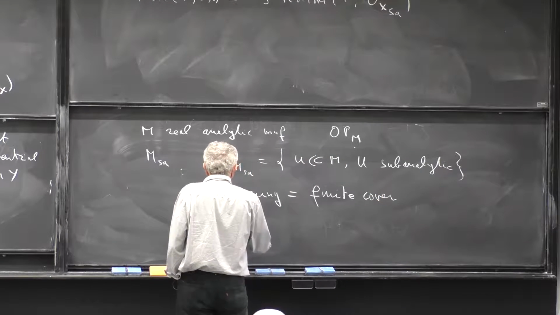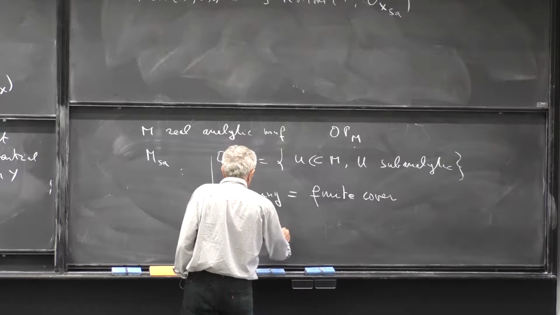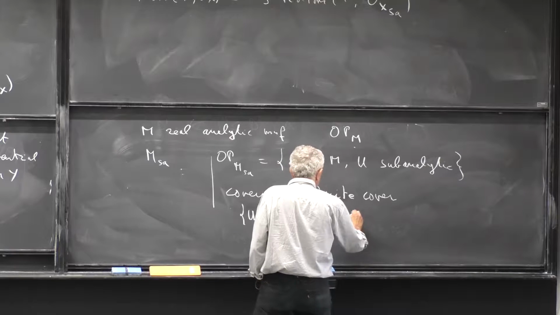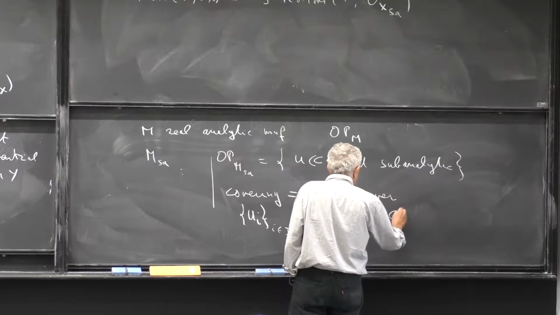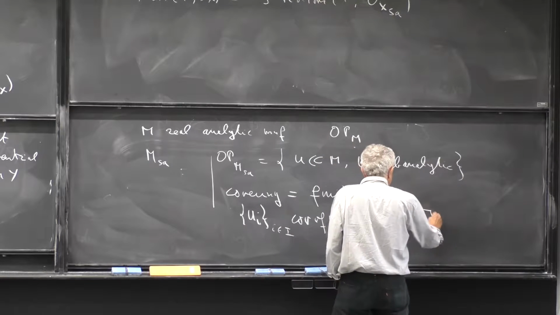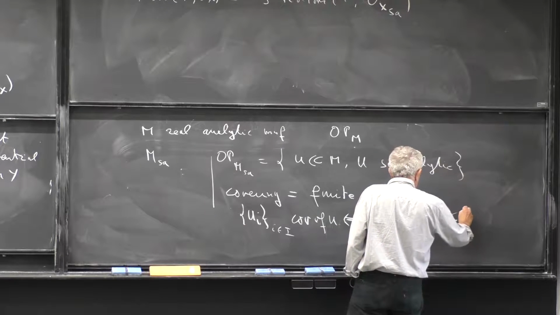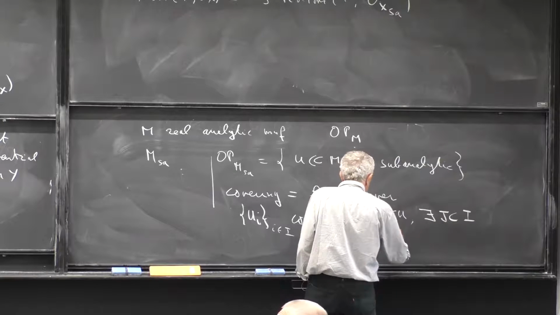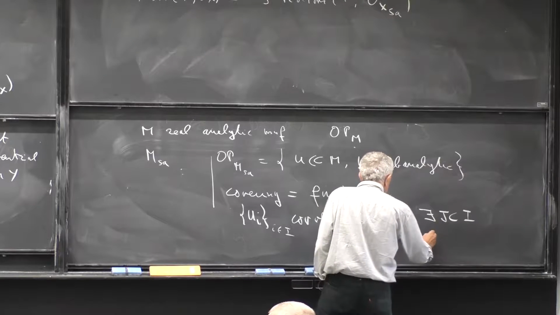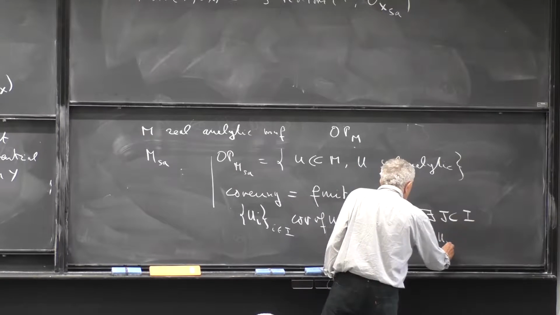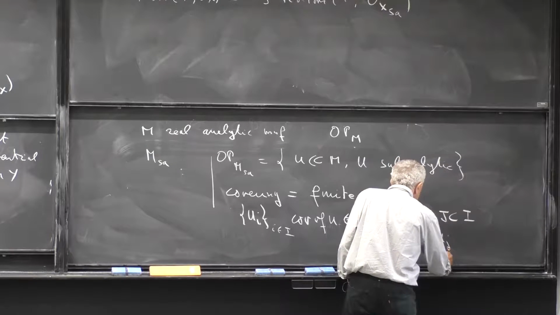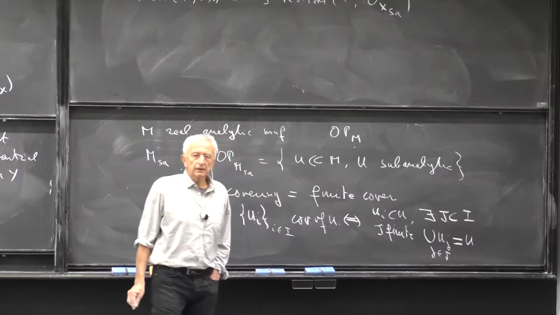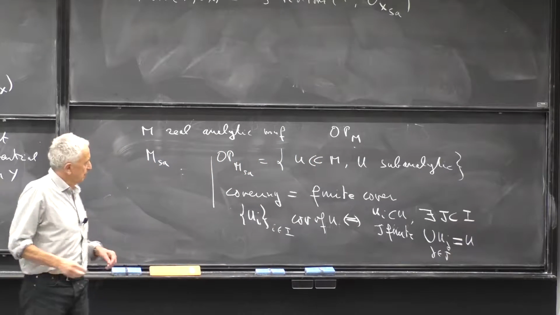A family U_i is a covering of U if and only if U_i is contained in U and there exists a finite set J such that the union of the U_j is U. So we just take finite coverings.